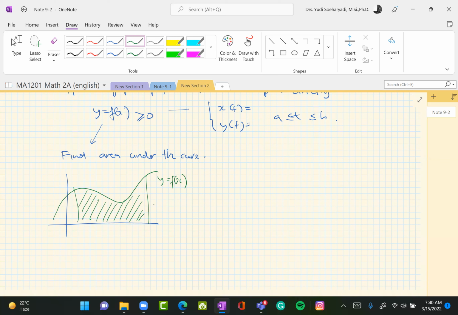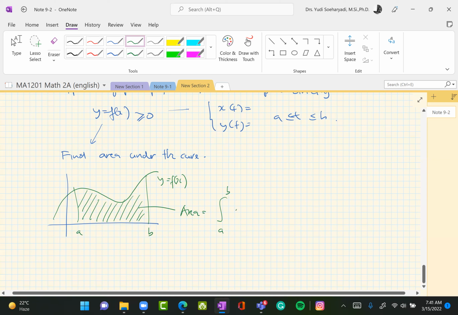Okay. So the area here, we know this is the integral between a and b of f of x dx.